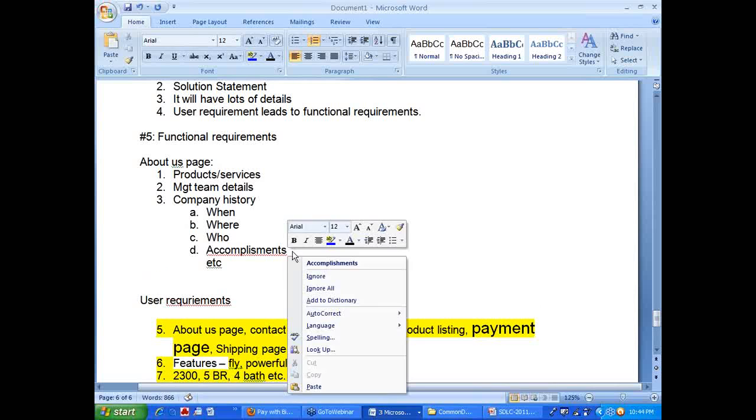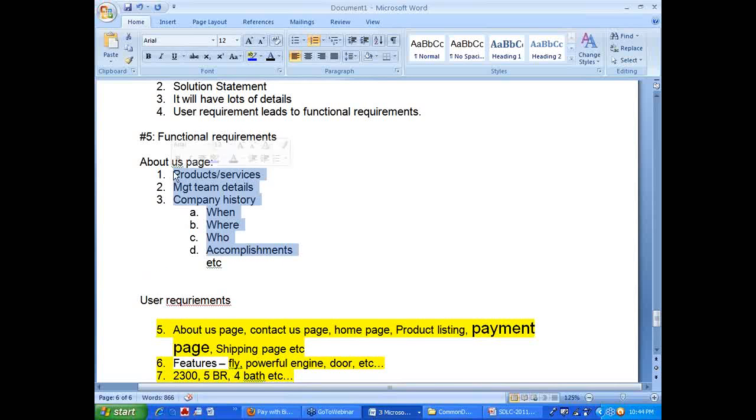All these details are needed. These details will be part of the functional requirements.